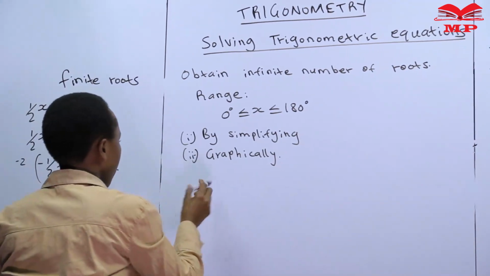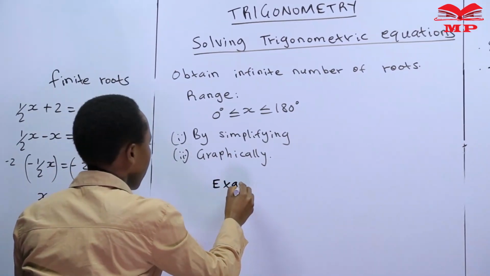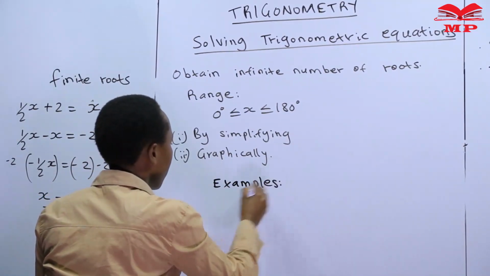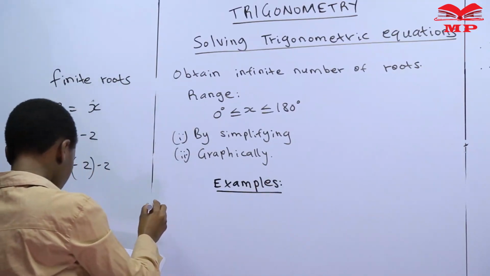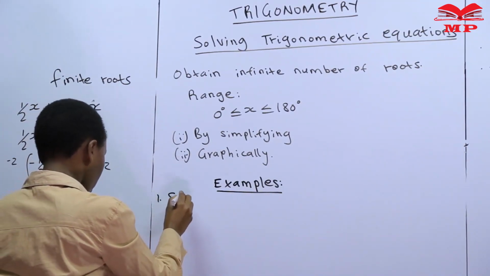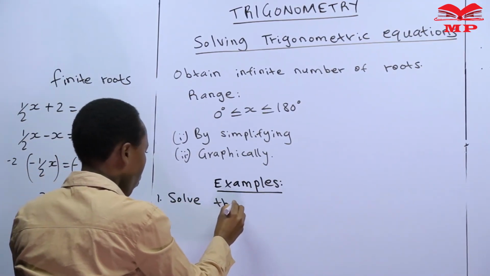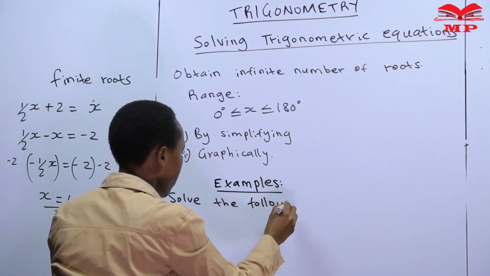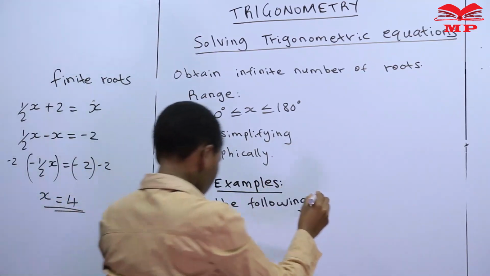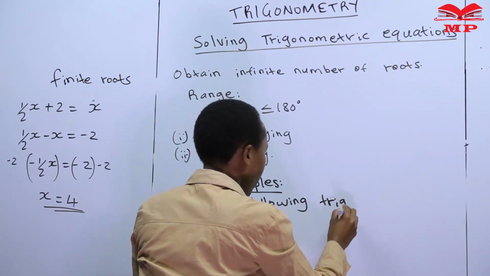So I'd like to give you a few examples in this. We have examples, I can give you 3 examples. We are told, number 1, solve the following trigonometric equations.